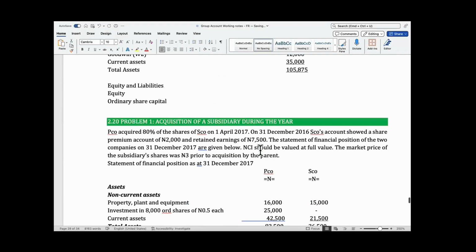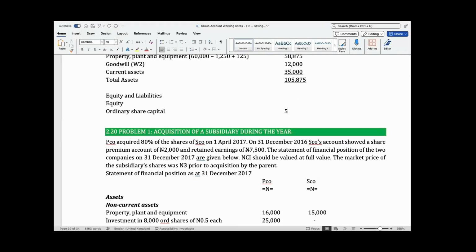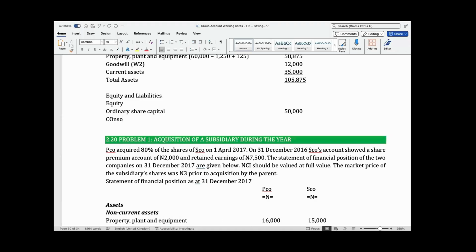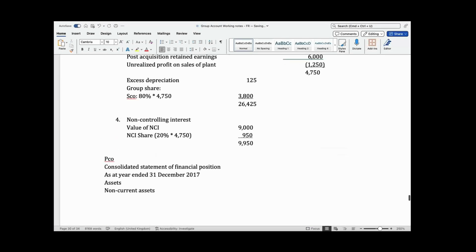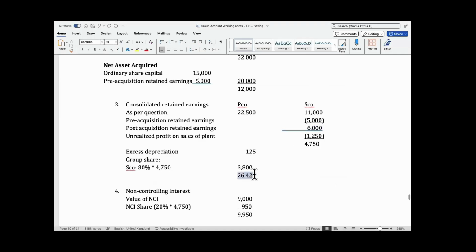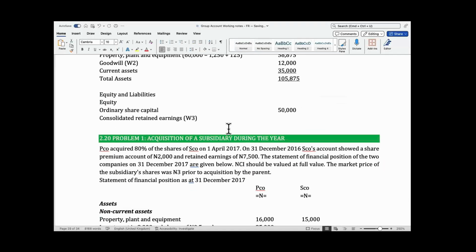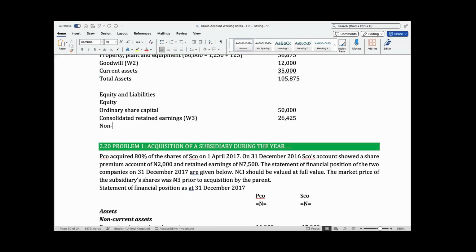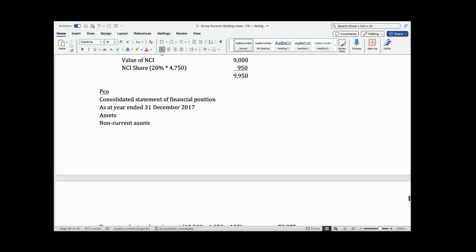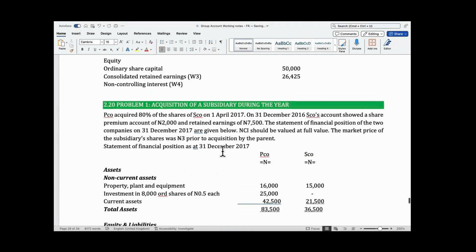This 50,000. Then consolidated retained earnings, which is working 3, and this is 26,425. And non-controlling interest, this is working 4, and that is 9,950.